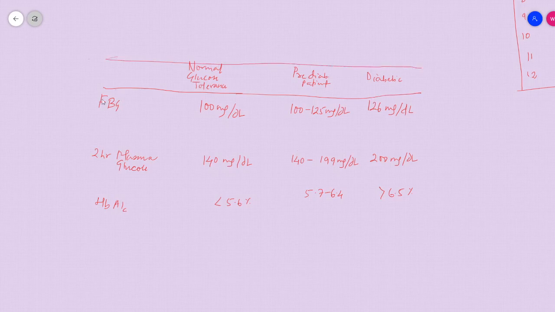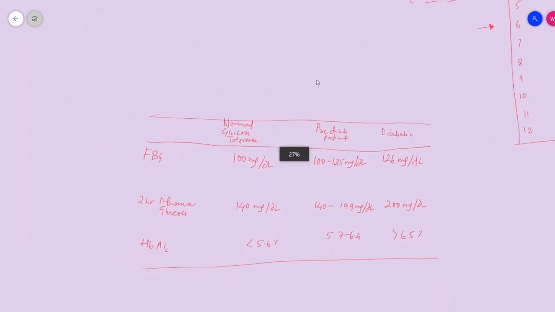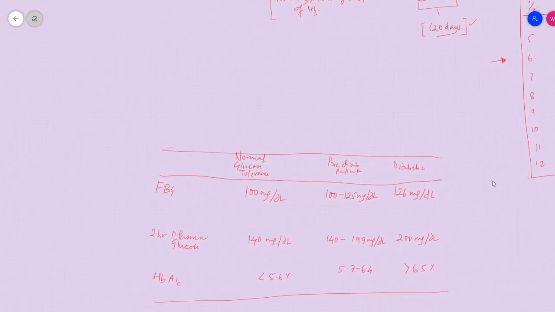Then the question is, how do we know whether the patient is a type 1 diabetic or a type 2 diabetic or a gestational diabetes patient? Well, we have initially assessed the patient, so we would obviously know whether the patient is pregnant.